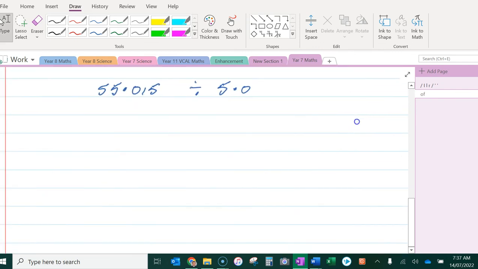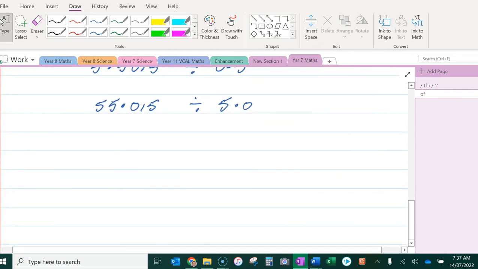So then I can lay my sum out the same way as I did before. There's my 5, and there's my 55.015, and there's my decimal point. I fixed my decimal point, so now I can do my sum as a normal sum. 5 into 5 goes once, 5 into 5 goes once, nothing over. 5 into 0 won't go, 5 into 1 won't go, and that becomes 15.